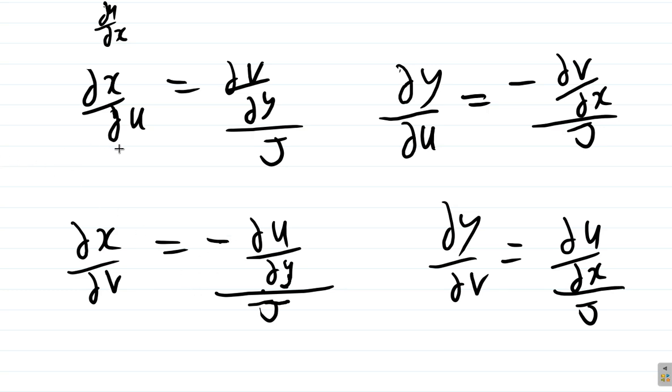The inverses are delta x by delta u, which we have here, delta y by delta u, which we have here, delta x by delta v, which we have here, and delta y by delta v, which we have here. Alright? So these are the various inverse derivatives that we found. So that's it for now. I will see you in the next video.